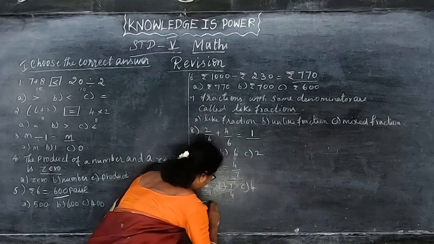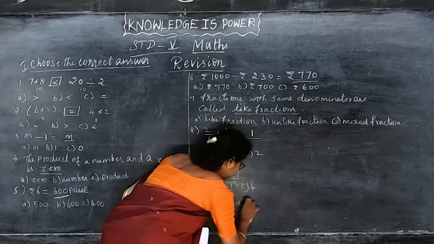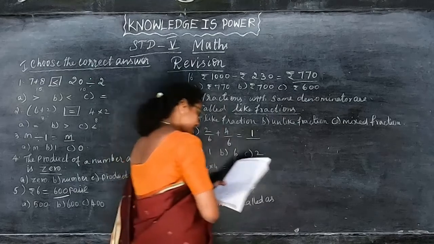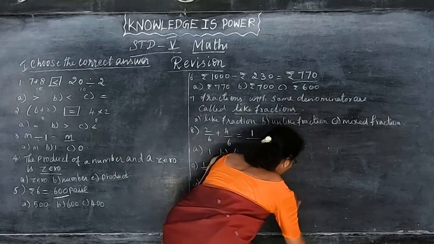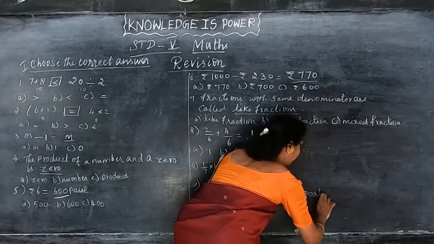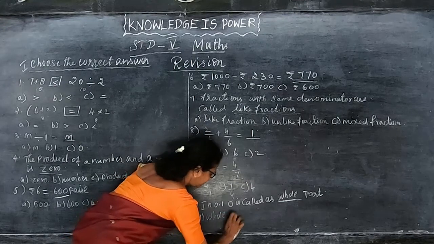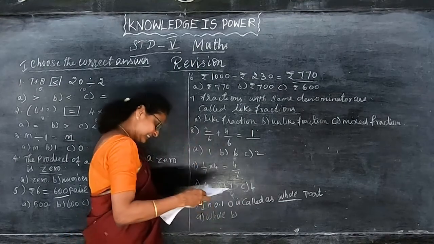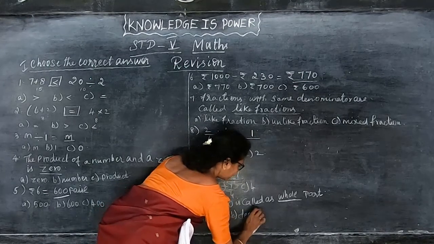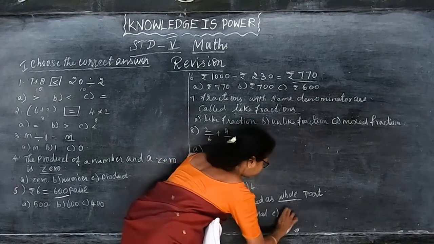Then 10th one, in 0.1, the 0 is called as dash number, dash part, that is whole part. The part before the decimal is the whole part. So your option is whole. Decimal or fraction.